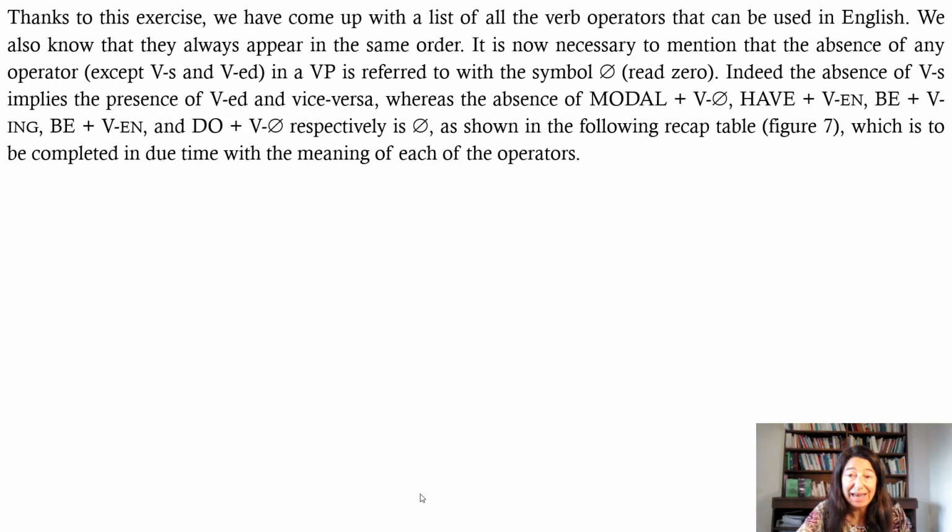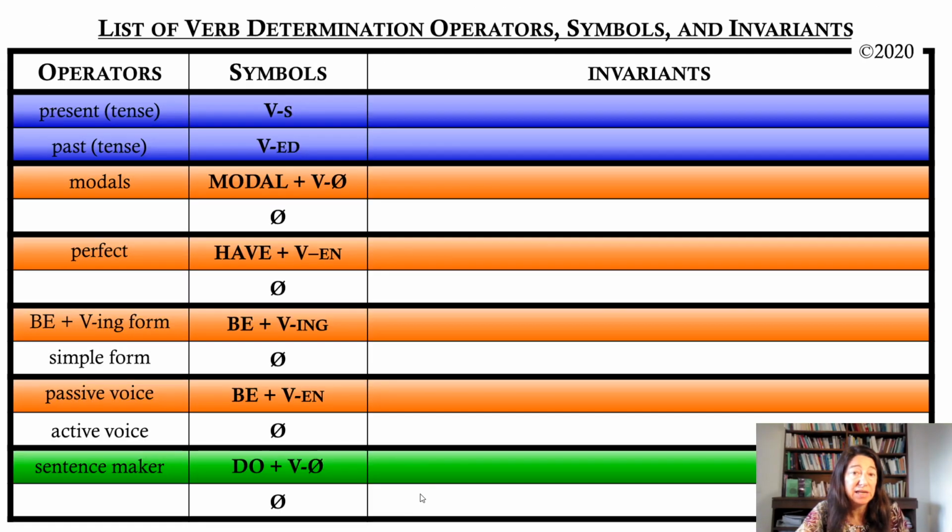So let's recap with this table here. So the present tense, the symbol of which is VS, and then VED, the symbol of the past tense. Then we know we can also use a series of modals, and their symbol is modal plus V0 because they're always followed by a verb base.